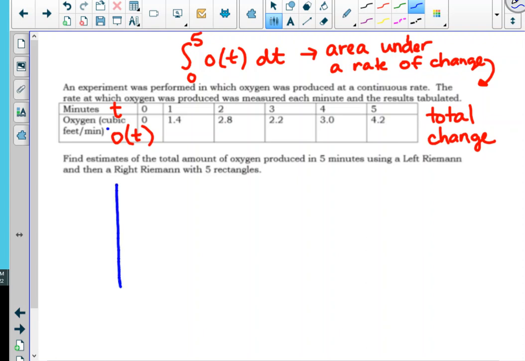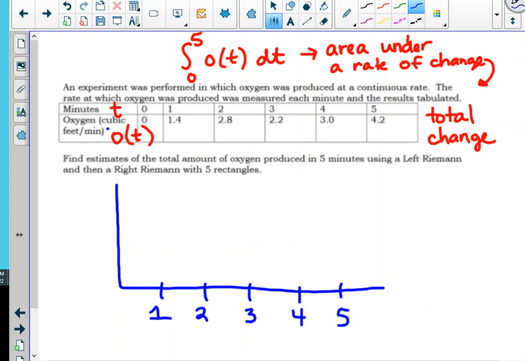So I'm going to start off with a real quick sketch of the data on the table. You don't have to make a graph, but it can help emphasize the left versus right Riemann concept.